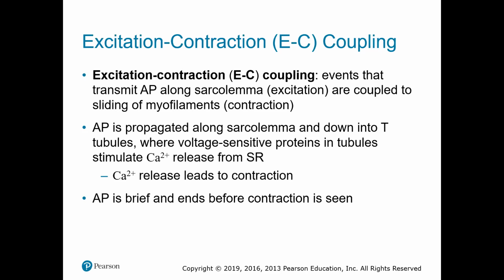The depolarization actually causes the terminal cisterns to open up. The action potential brought down the T-tubule causes the terminal cisterns to open up and flood the entire cell, all the sarcomeres, with calcium.